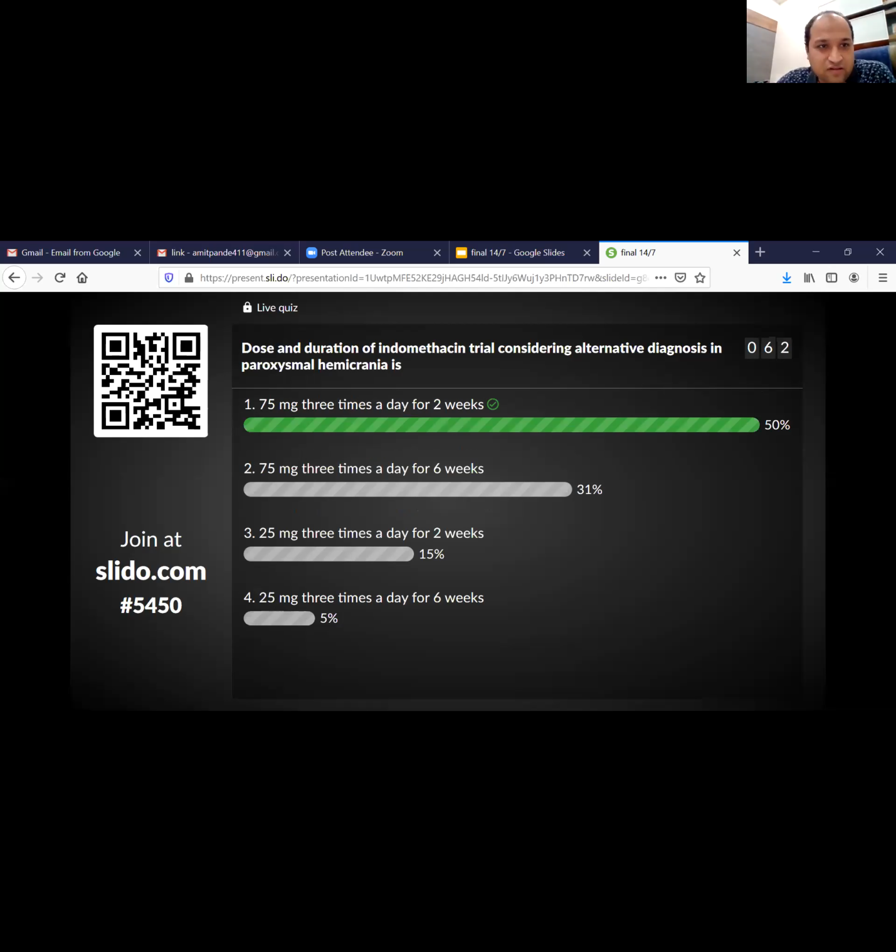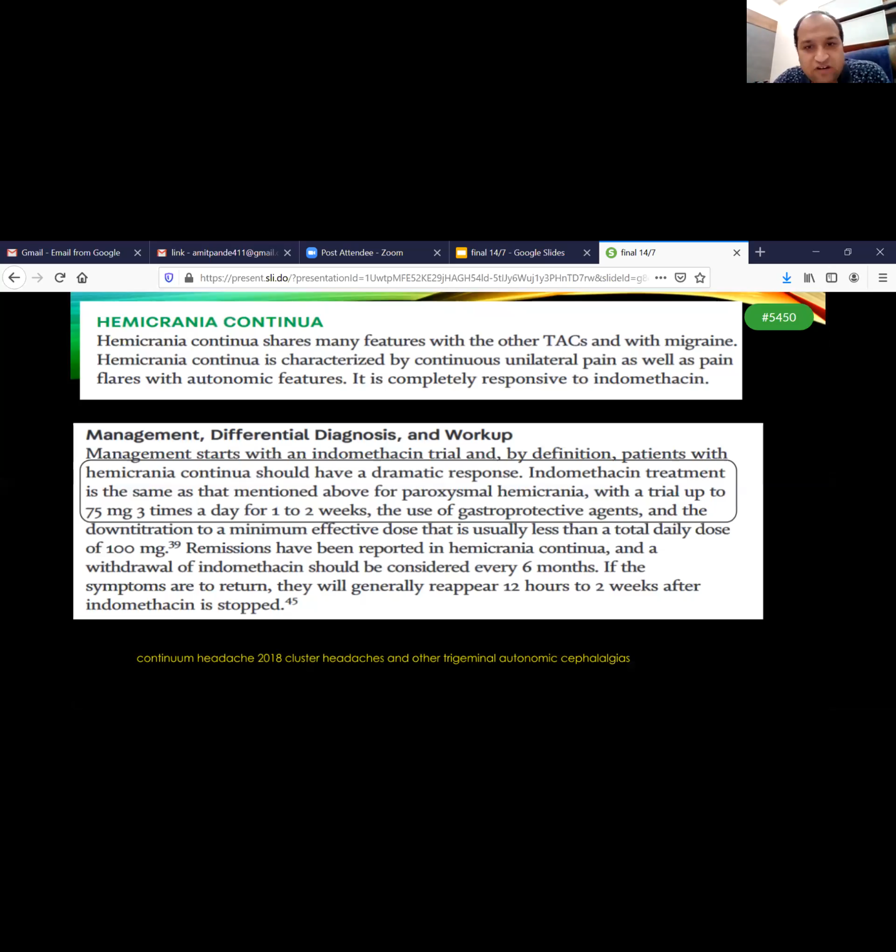So it shares features with TACs. Management starts with an indomethacin trial, and by definition, patients with hemicrania continua should have a dramatic response. Indomethacin treatment is the same as that mentioned above for paroxysmal hemicrania, with a trial up to 75 milligram 3 times a day for 1 to 2 weeks with use of gastroprotective agents.